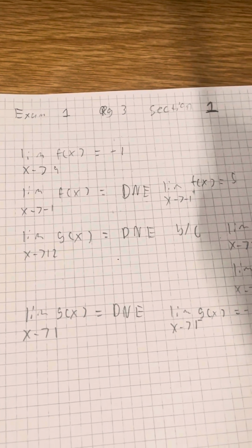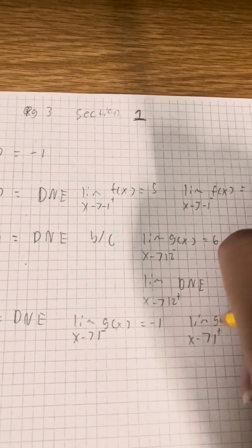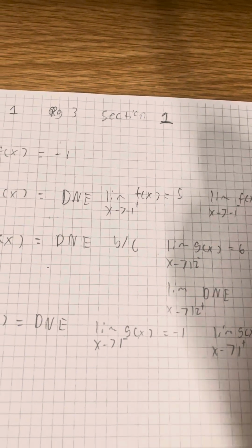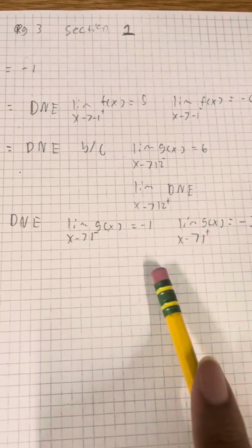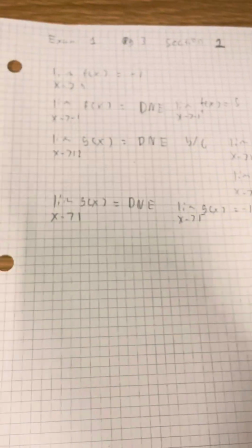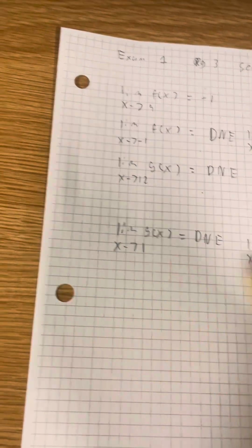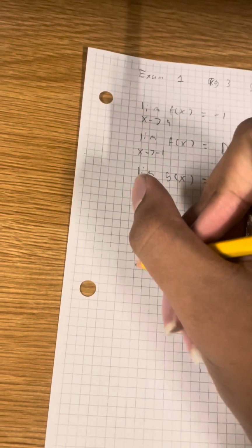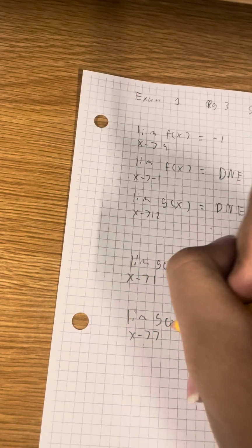But for the right, it equals -3. These are not the same, so this does not exist. They must be the same value in order for it to exist by itself, like not saying from left or right.